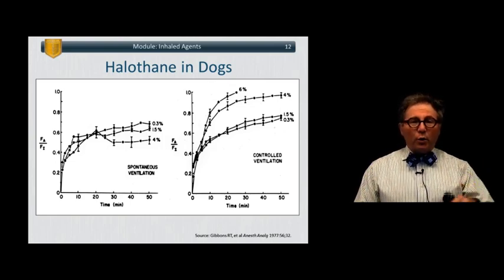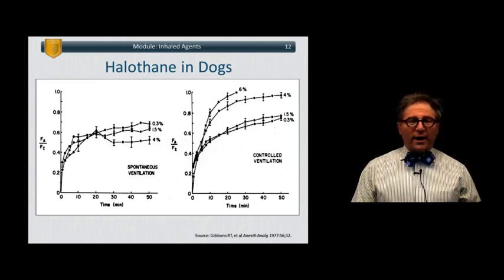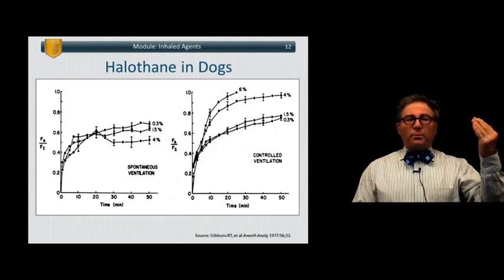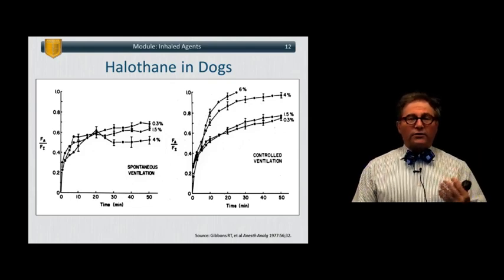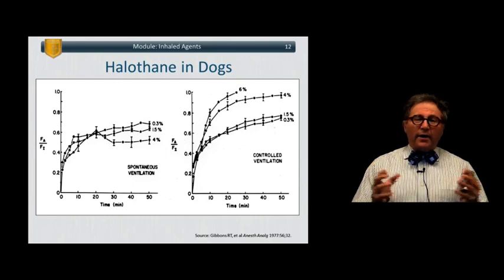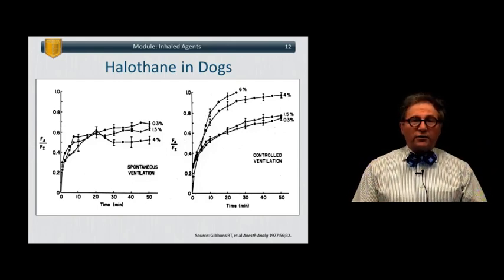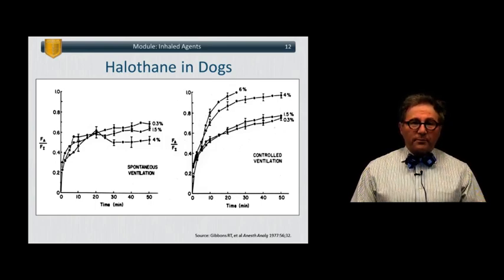And the lower the cardiac output when facing higher concentrations of halothane, the higher the partial pressure of anesthetic builds up in the lungs because less blood is circulating, and therefore the partial pressure rises higher in the brain and other tissues until eventually the animal succumbed.